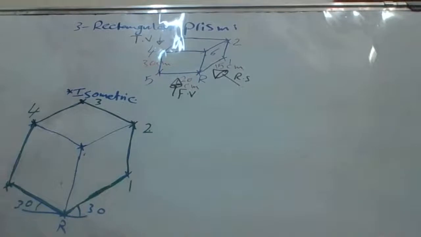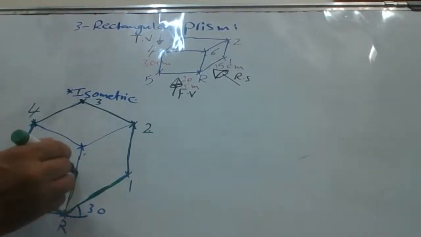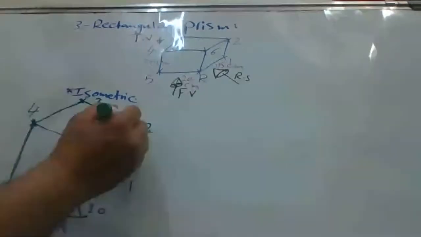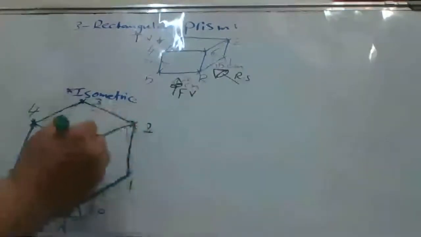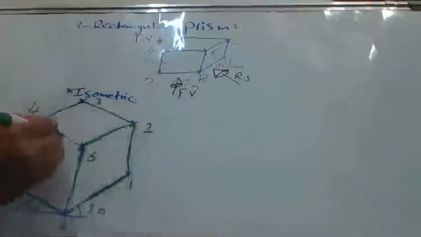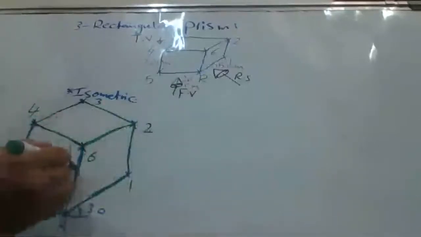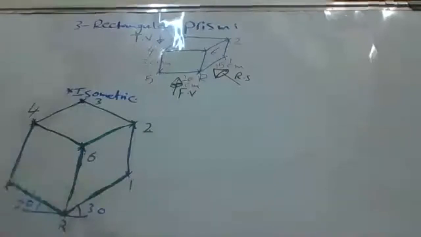Point 6, we can write it here. We connect between 2 and 6 and 4 and 6. This is a given shape.